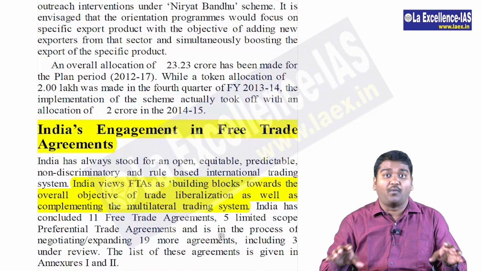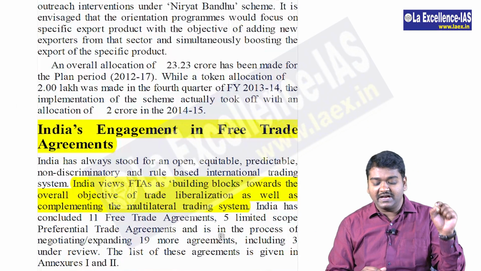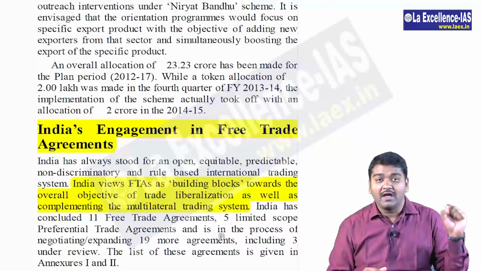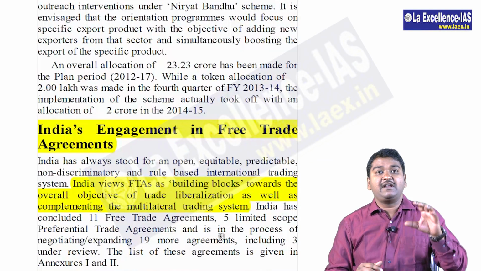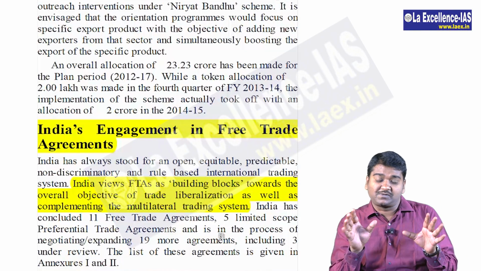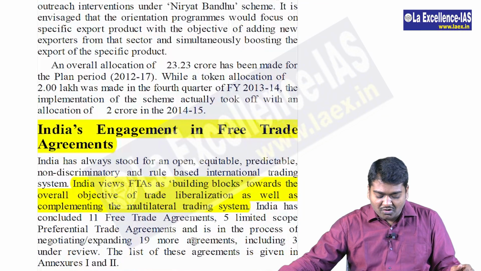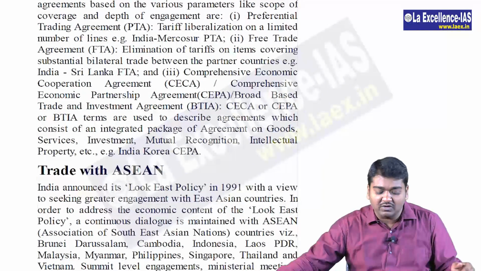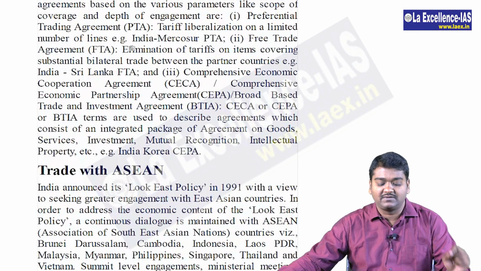This is what they want to say with respect to India's engagement in free trade agreements, right? So please be careful. Earlier they used to give boxes where they explained with which countries we have agreements. Here you have a paragraph where they focus on which countries we have these agreements with.